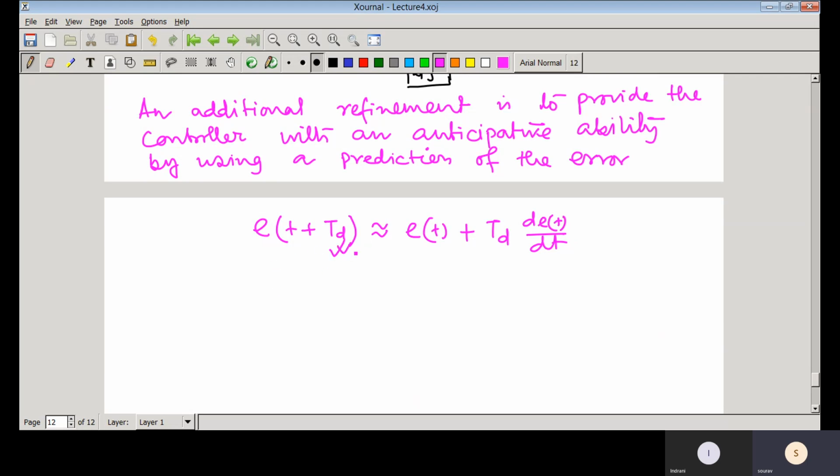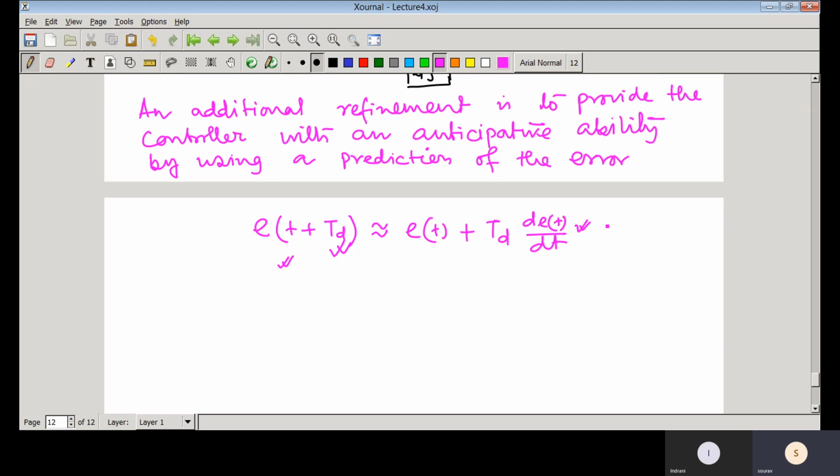So this is actually the time, and this is that error signal. So e t plus Td minus e t divided by Td. So if you put limit Td tends to 0, that gives you that derivative of that error signal.